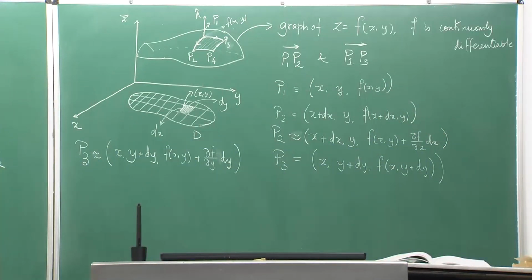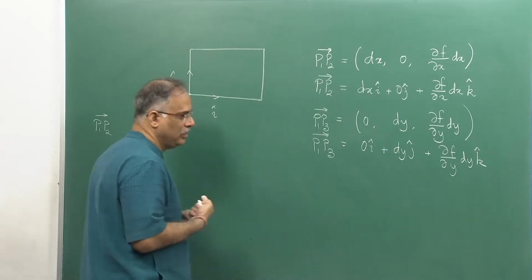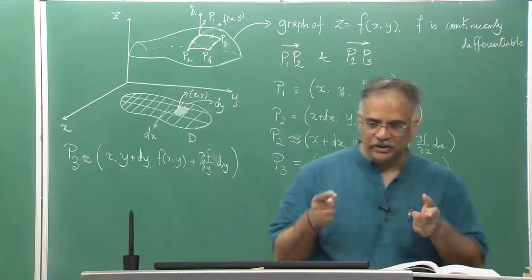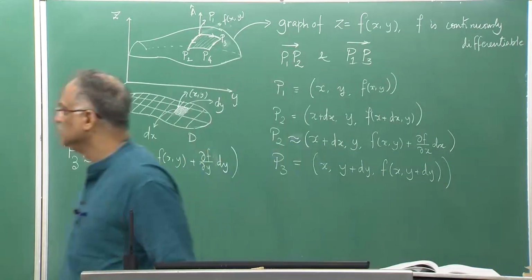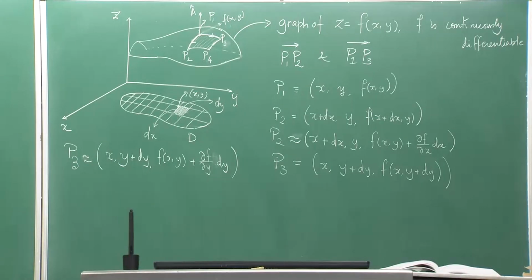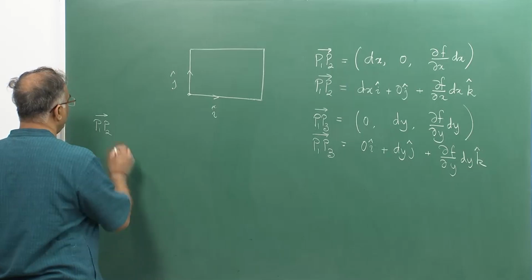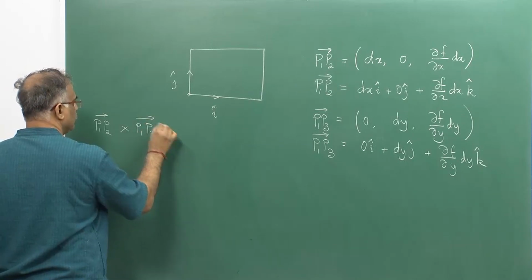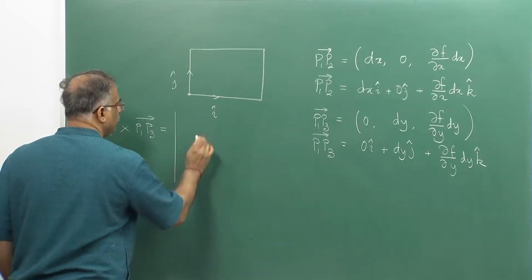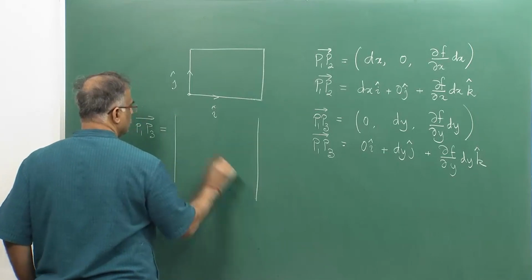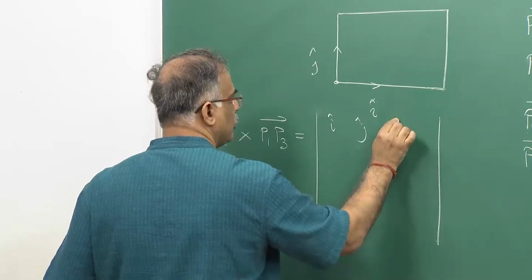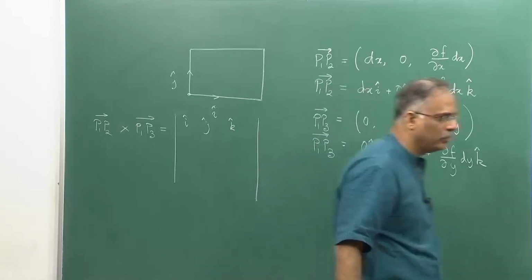That is how the area of parallelograms is computed. There you take the vector along the length, the vector along the breadth, you take the cross product and take the norm, that is the area. So, P1 P2 cross P1 P3, the cross product. Here I write down the definition of the cross product: i, j, k. You have dot product, we had also spoken about cross product.